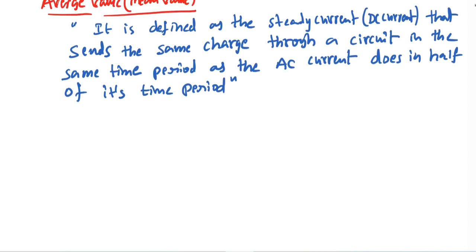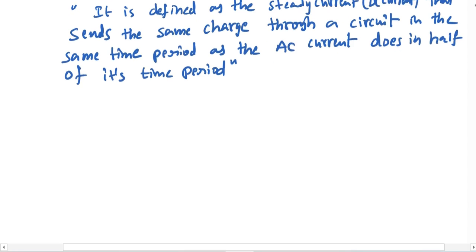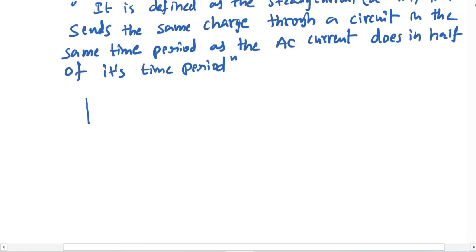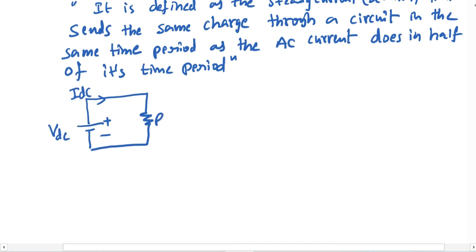To understand this, let us take a DC circuit. If we have something like this, this is a purely DC circuit. You can say VDC, and the current IDC is coming. Due to this current, the charge Q is produced for a given time t.